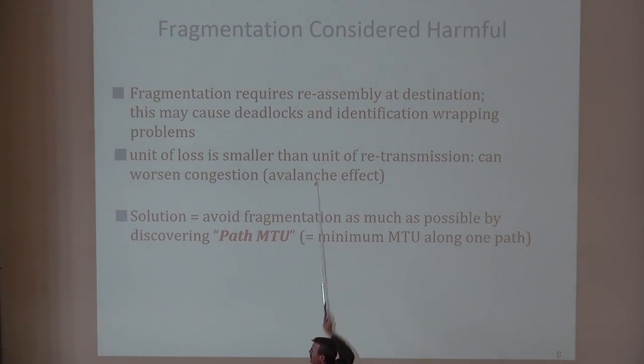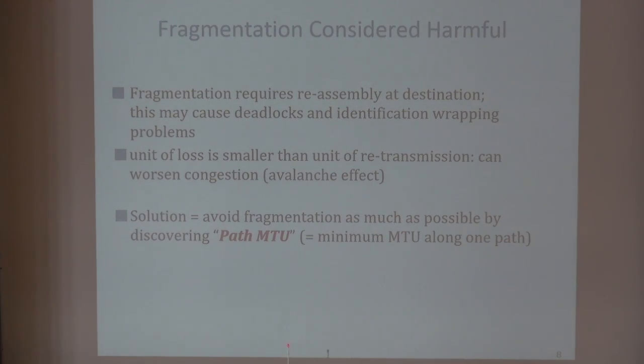It's also worse if we use fragmentation with TCP. Imagine I send one TCP segment of 1400 bytes, and it's fragmented into 3 pieces by the IP layer. Assume one of the pieces is lost. What will happen? The piece is lost. That means the datagram at the end is not reconstructed.